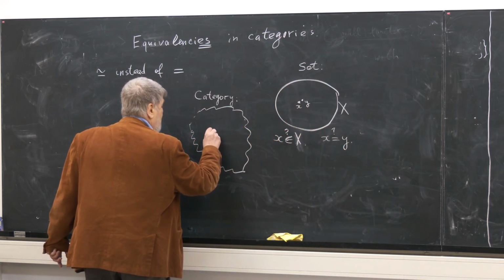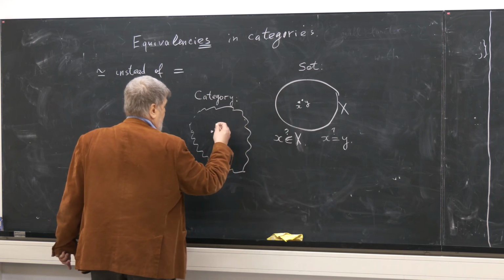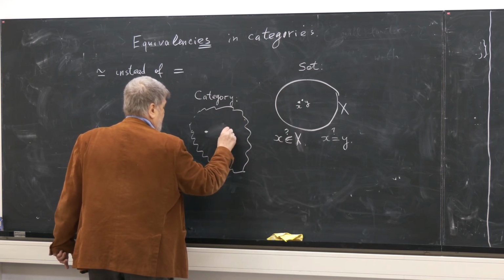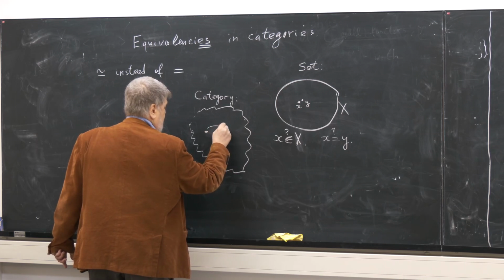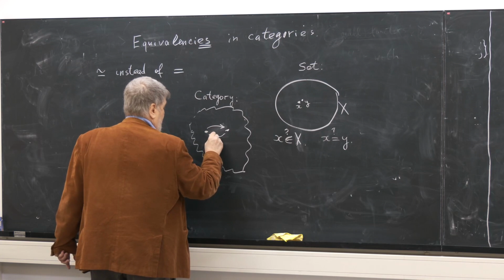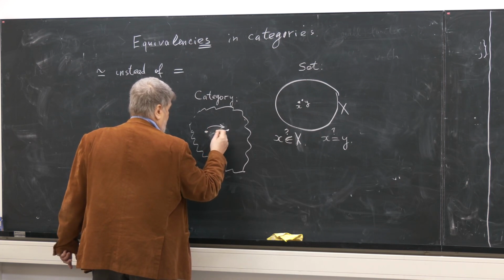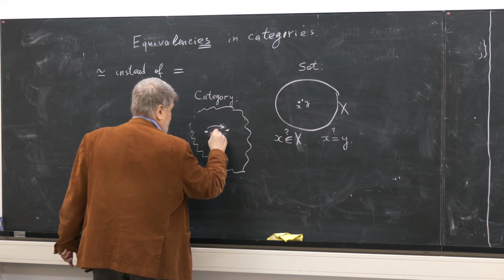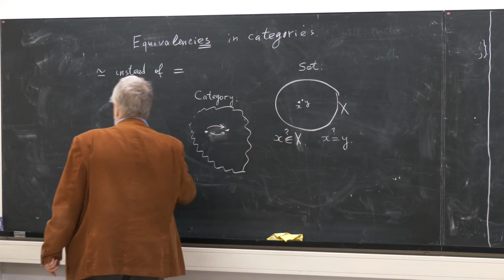However, there is no such thing as being equal. Instead, for any two objects there are sets of arrows in both directions.